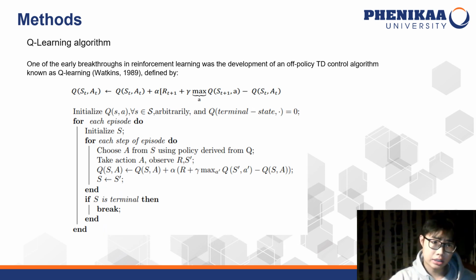And next we talk about the Q-learning algorithm. Q-learning was a breakthrough in reinforcement learning, developed as an off-policy temporal difference control algorithm. As known, Q-learning was proposed in 1989.